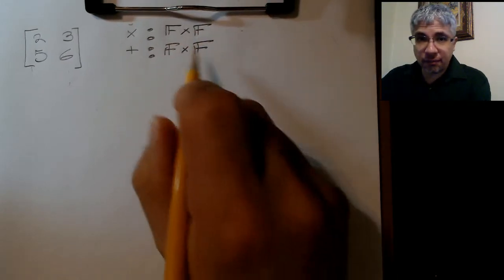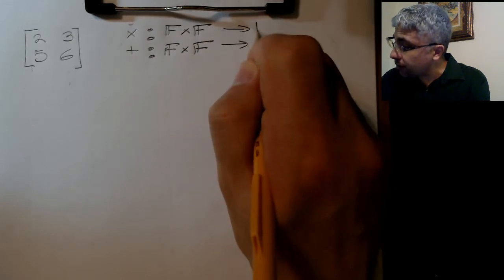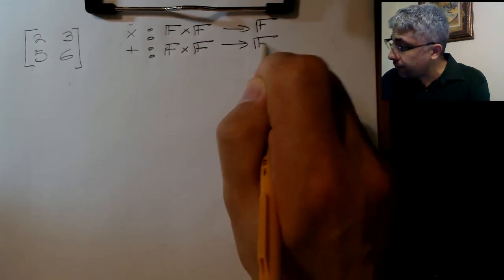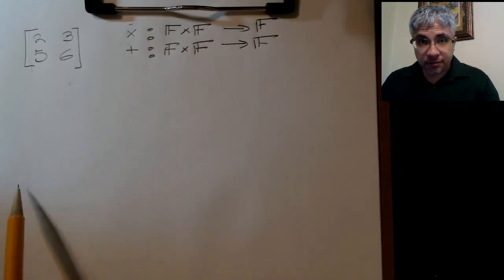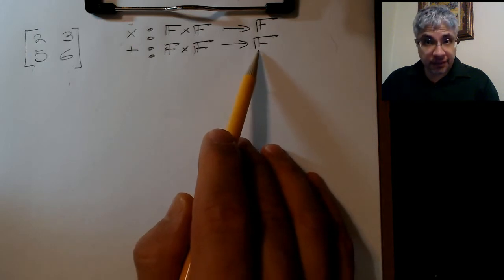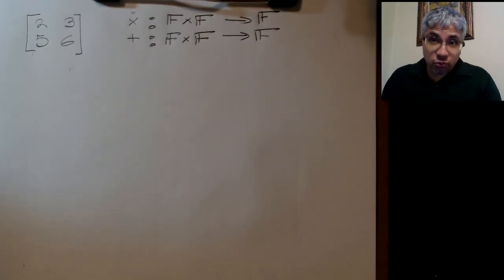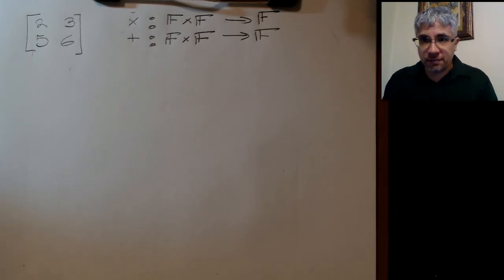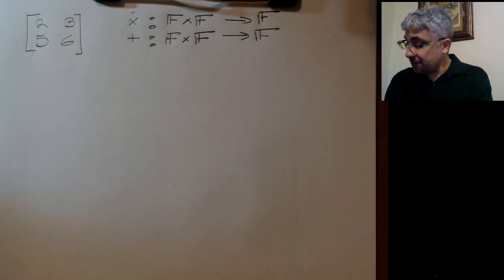So we could see it as a map from the Cartesian product F cross F to F. Multiplication takes in 2 elements and spits out an element of the field. Addition takes in 2 elements of the field and spits out an element of the field. And we want some rules. We don't want multiplication to be just anything. So we have 5 rules for our field.